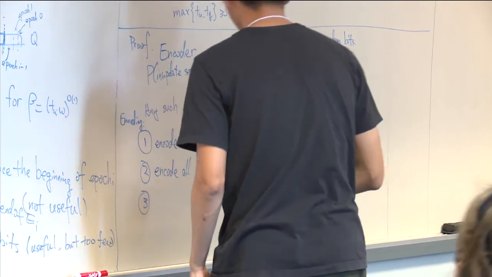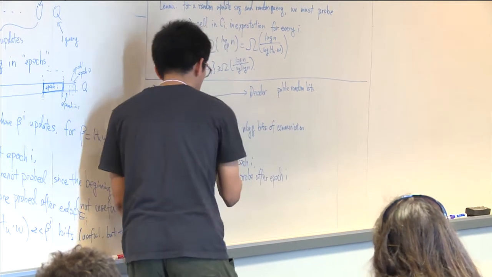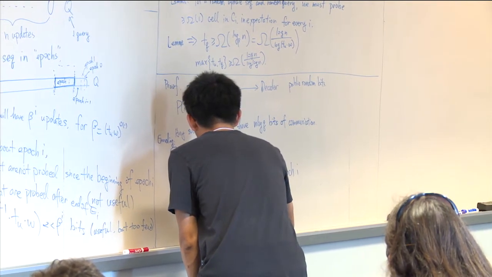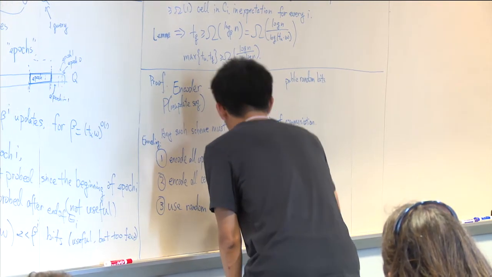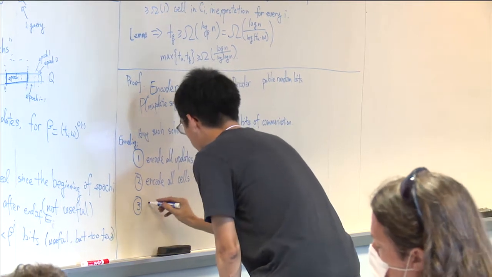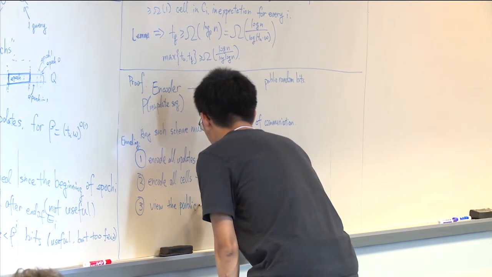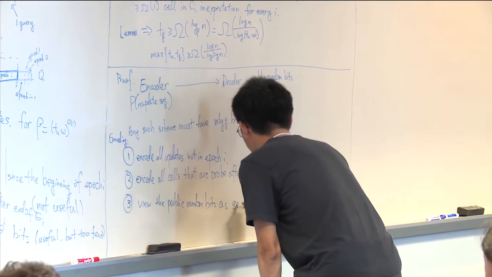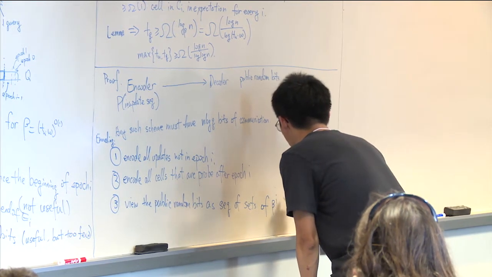What the encoder will do is, because the encoder knows everything about the update sequence, and he knows whether a given query will probe something in CI or not, use the public random bits, viewing the sequence of public random bits as a sequence of sets of beta to the I queries.